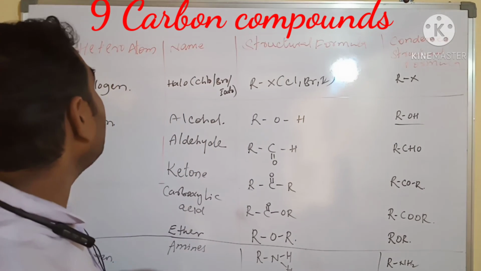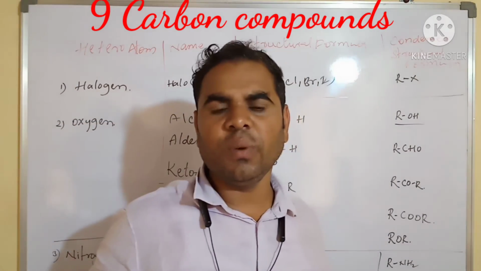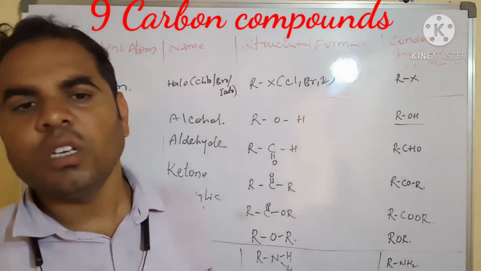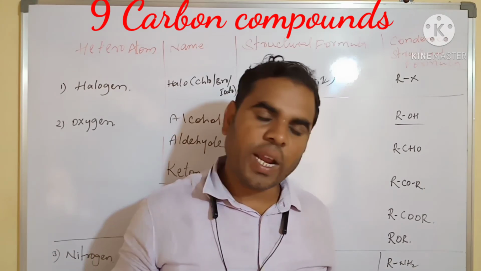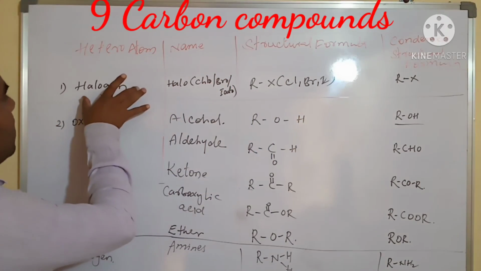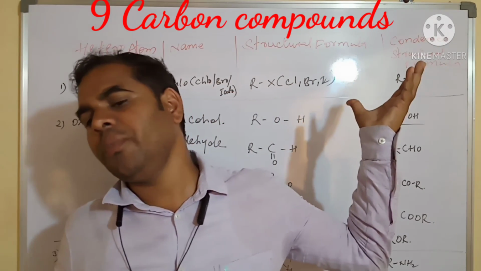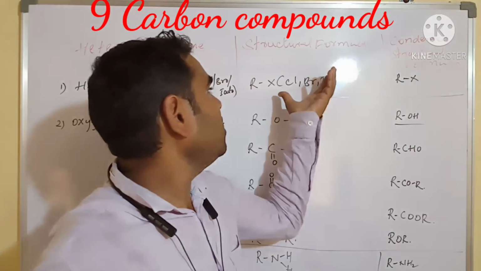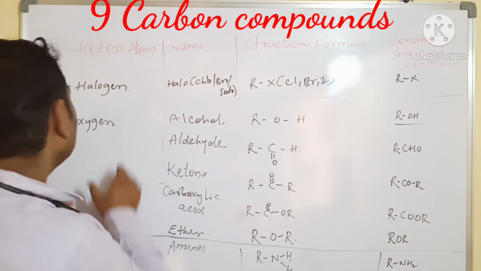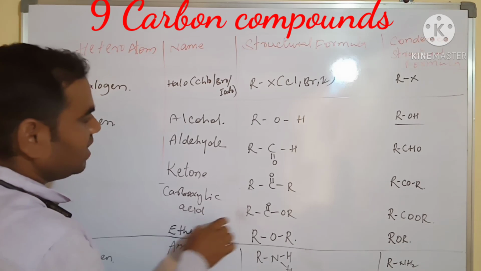This is about the heteroatom names and structural formulas. You have to learn this by heart, writing it 3-4 times, and it will be easy for you. Halogens means the seventh A group elements, chloro, bromo, iodo, and we write RX. Oxygen: alcohol, aldehyde, ketone, carboxylic acid, ether.